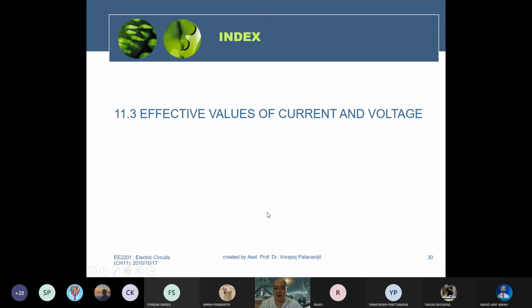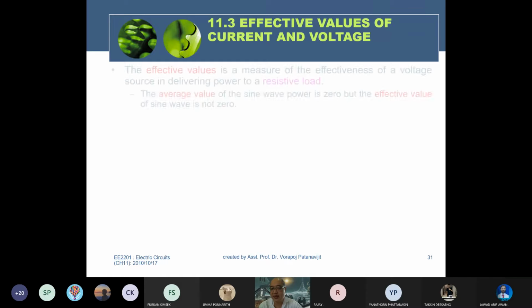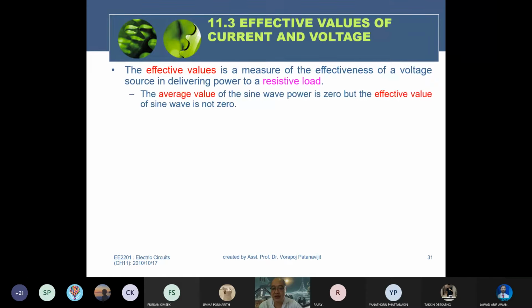Now, we go to the third section: the effective value of the current and the voltage. The effective voltage is a measure of the effectiveness of the voltage source in delivering power to the resistive load. The average value of the sine wave power is 0, but the effective value of the sine wave is not 0.